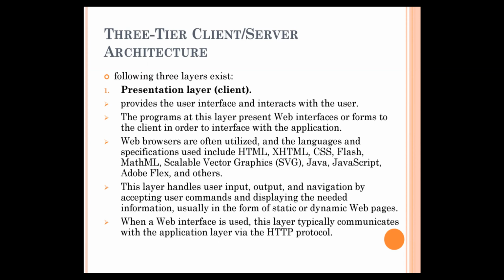When a web interface is used, this layer typically communicates with the application layer via the hypertext transfer protocol. So whatever information we are entering in the screen will be transferred to the middle layer, the processing layer, through the HTTP protocol, because most of the front end and back end is interconnected through the HTTP protocol, through the internet or through the web pages.